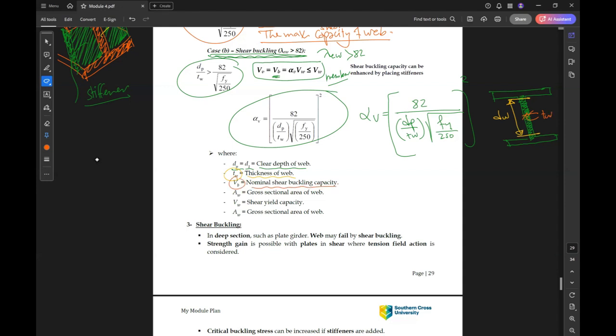Vb is the nominal shear buckling capacity. A_w is the cross section area of the web. Vw is the shear yielding capacity. Area of web is the cross section area of the web. This is just repeated, so just remove this one.